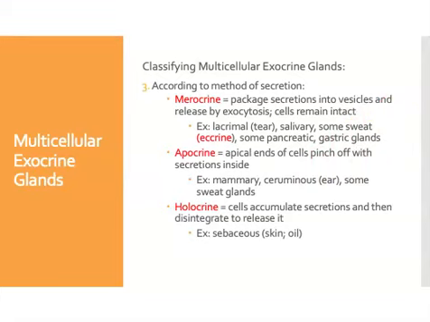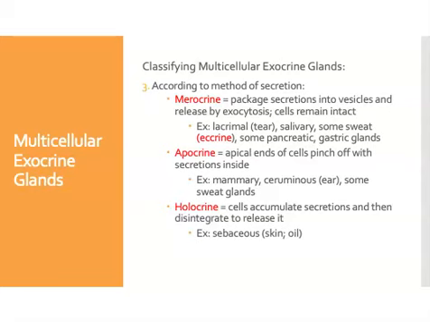Finally, there are holocrine types of exocrine glands. Holocrine glands suffer the most damage during secretion. In a holocrine gland, the cells that are making the secretion are going to make more and more of it till they have lots of it present.